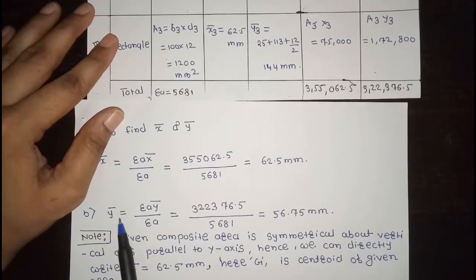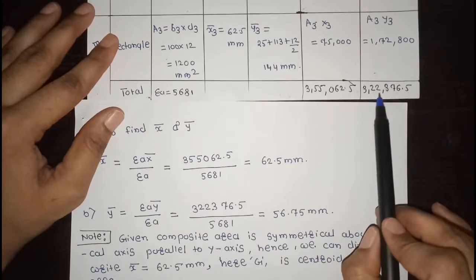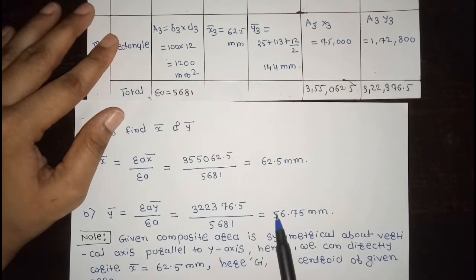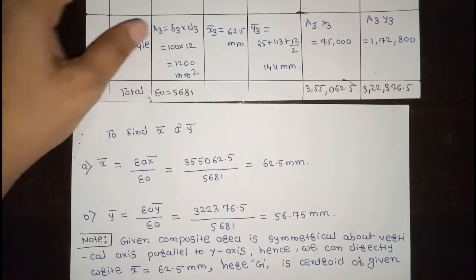Then calculate the Y bar, summation A y bar divided by summation A, then we get 56.75 mm.